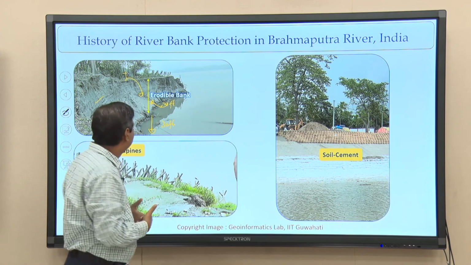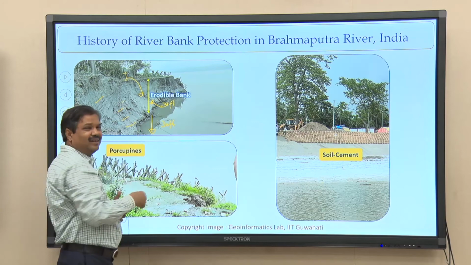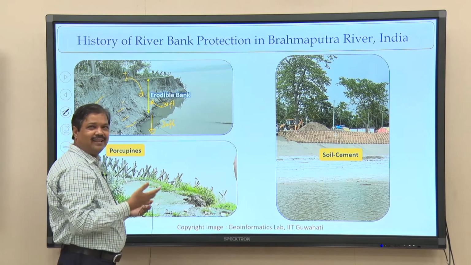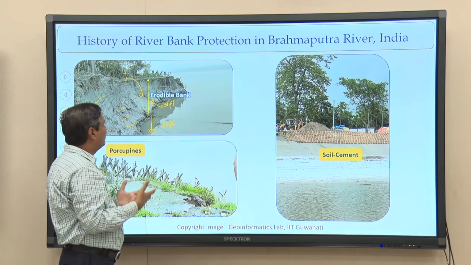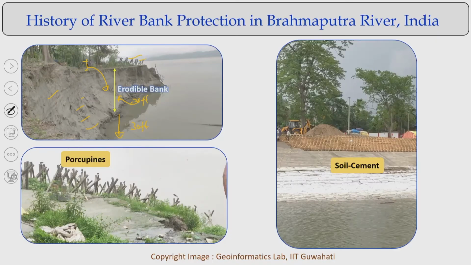The erodible bank materials are close to sand and silt, and do not have much clay composition. The river bank protection, which is a porcupine structure, is just standing over that and falling down.